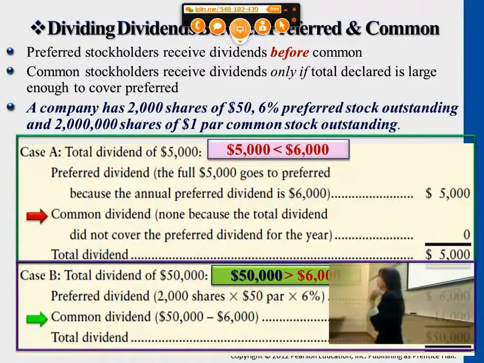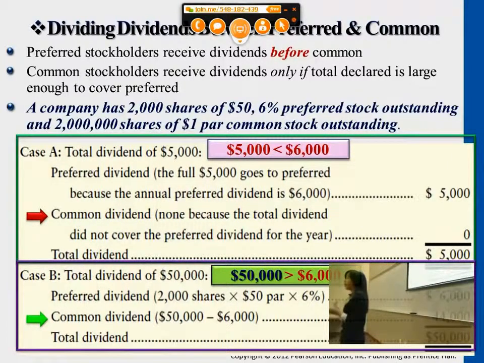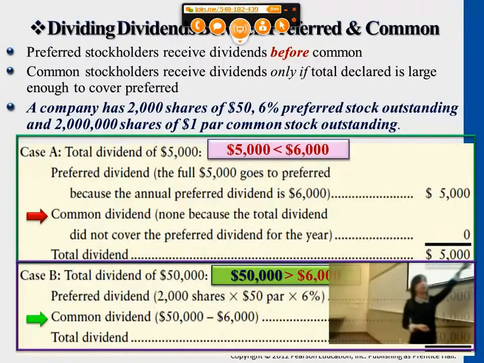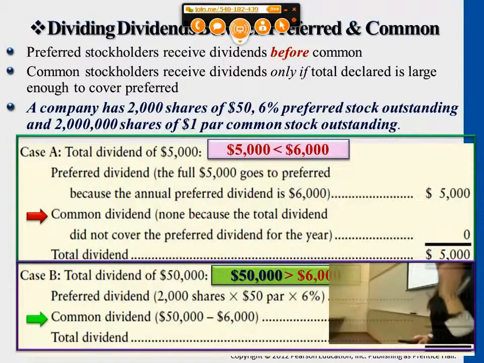But in this case, the company is only declaring $5,000, which is even less than the total benefit that preferred shareholders could receive. And altogether, that $5,000 goes to preferred shareholders, and common shareholders get zero. So we always calculate preferred shareholders' rights first, the part that they should be receiving, which is based on the dividend rate times face value times the number of shares.